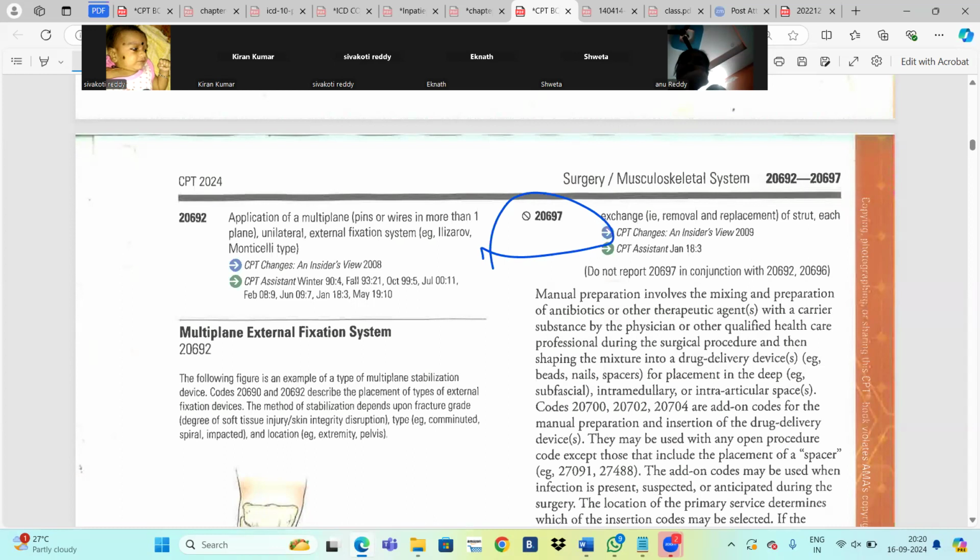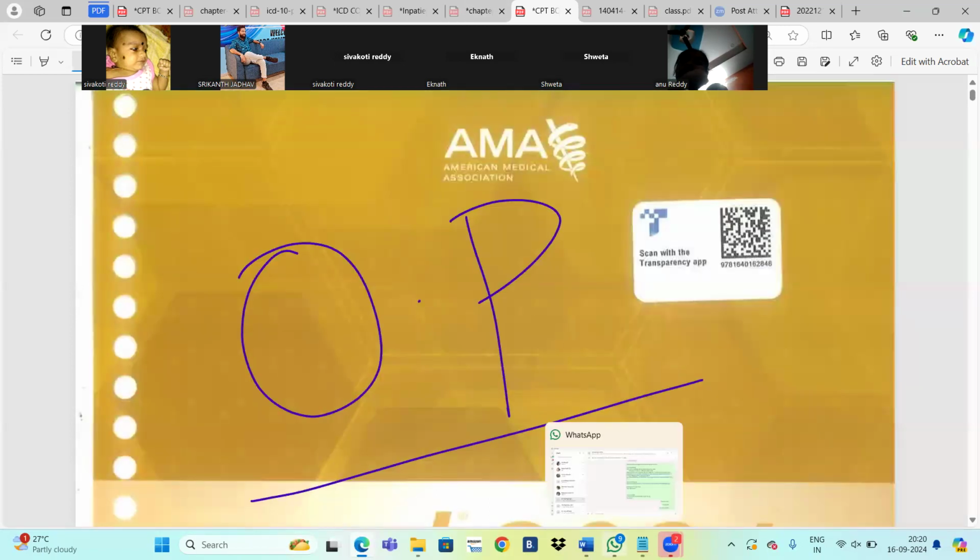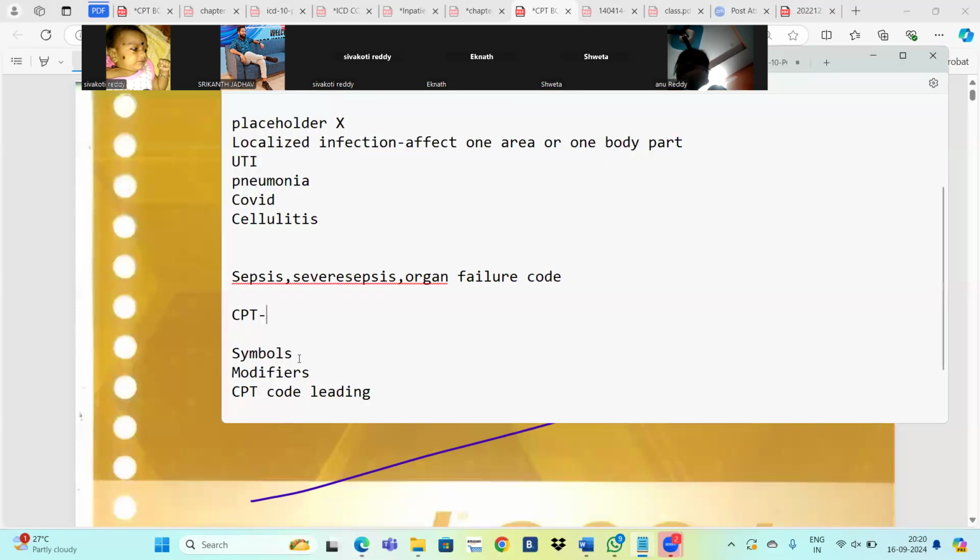Any doubt in these three symbols? So after learning the symbols, the symbols are clear, right?